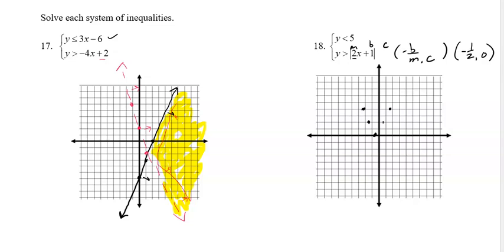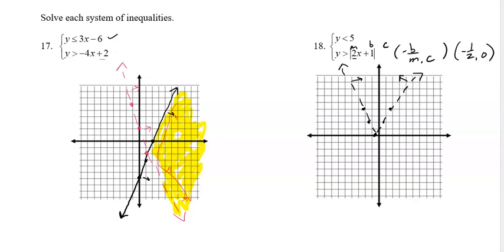I do a dotted V. And when I do the shading, I'm going to do greater than, which will be above both lines, so it'll be inside the V. Now let's do the line y equals 5. Well, that's just a horizontal line.